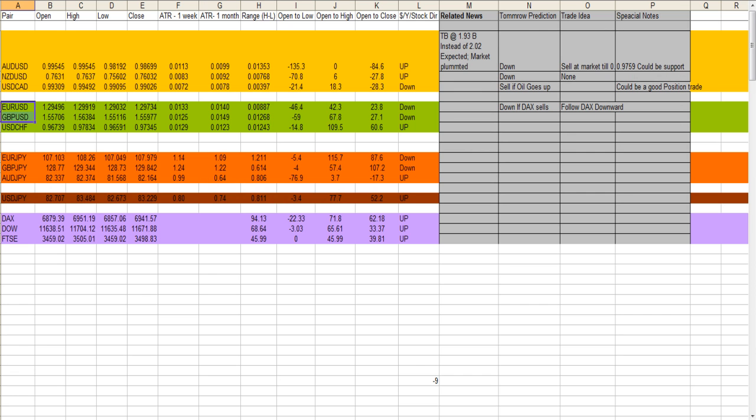Another reason why I'm looking at the Aussie US dollar is that the range for today was 135 pips, which is higher than both the weekly range as well as the monthly range. The average true range for the month is about 100 pips, and for the week is about 113 pips.